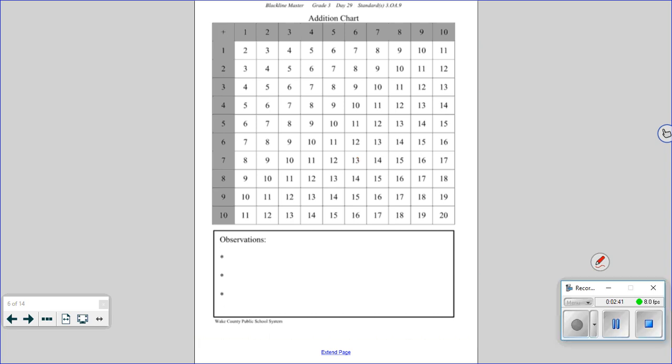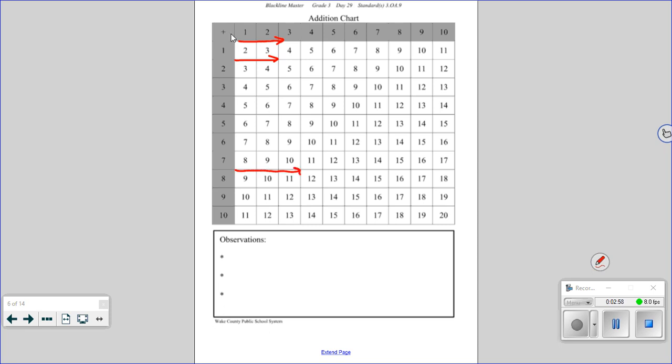So one pattern I'm noticing is when I'm going across the addition chart, all of my numbers are increasing by 1. 3, 4, 5, 6. Or come down here, I have 9, 10, 11, 12.